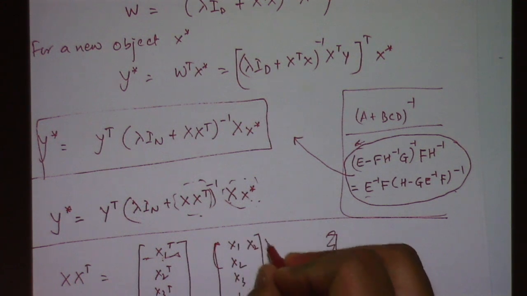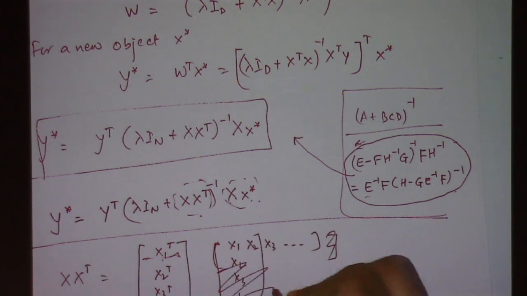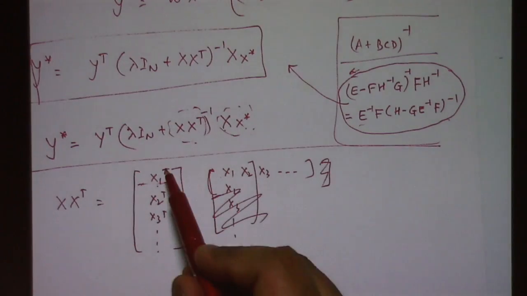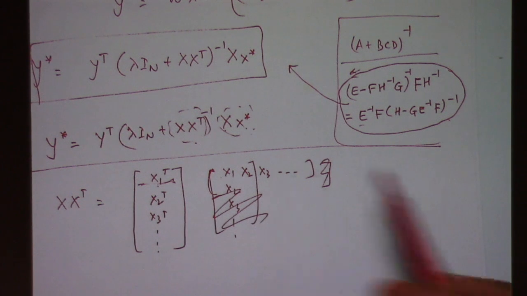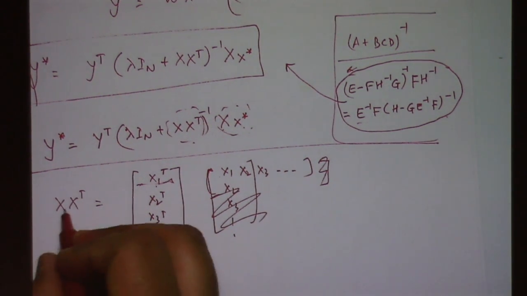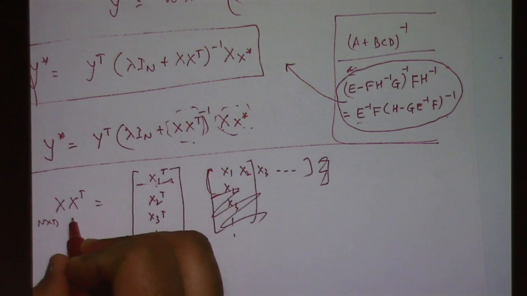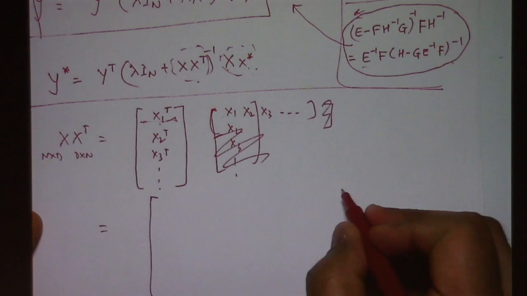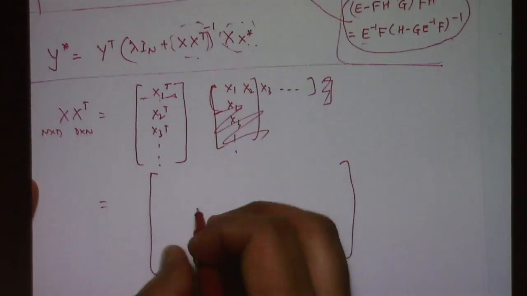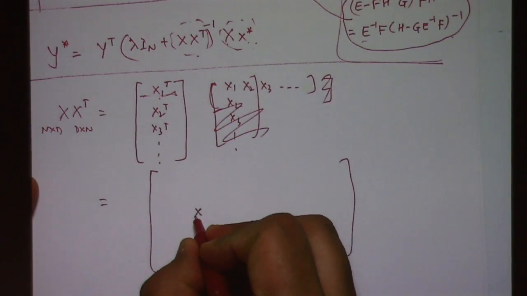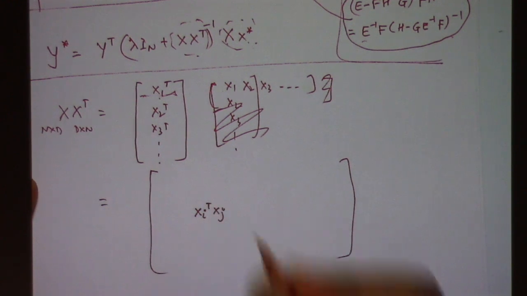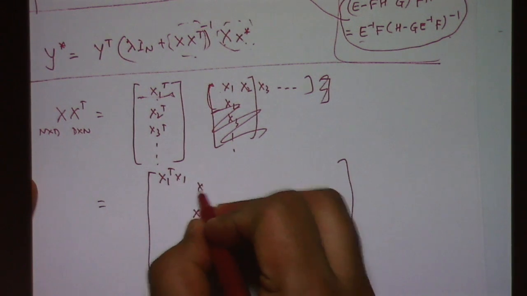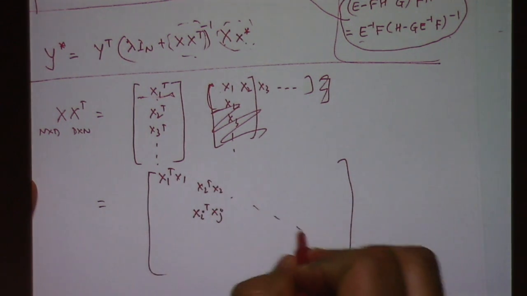Now if I do the matrix multiplication, each row gets multiplied with each column. X is n cross d, this is d cross n. So you get an n cross n matrix in which any arbitrary entry, the ijth entry, is just xi transpose xj.